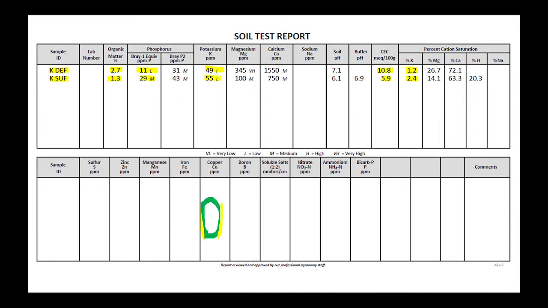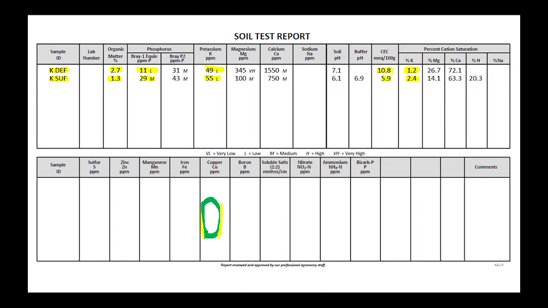We would expect to see the same thing happening with potassium in both of those, but we can see that our CEC is half in this sufficient area of what it was in the deficient area. In this deficient area, there were more binding sites in the soil. So the soil was better able to hold on to this potassium, and you can see this percent cation saturation is half of what it was in the sufficient area, even though their potassium levels were similar.